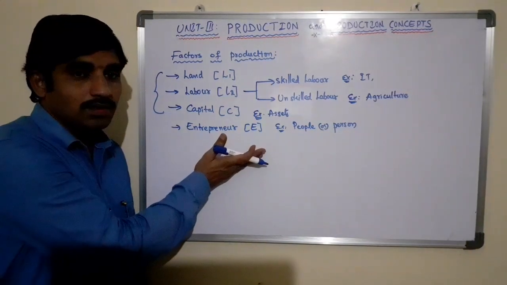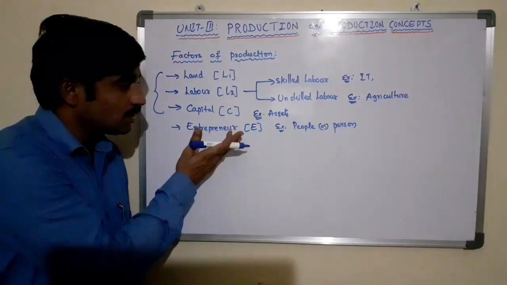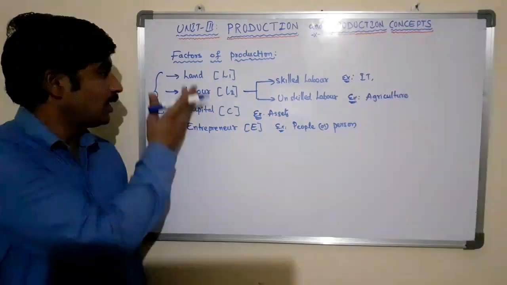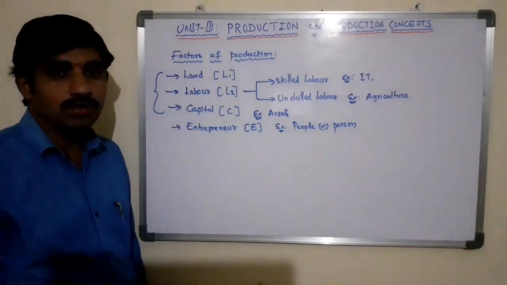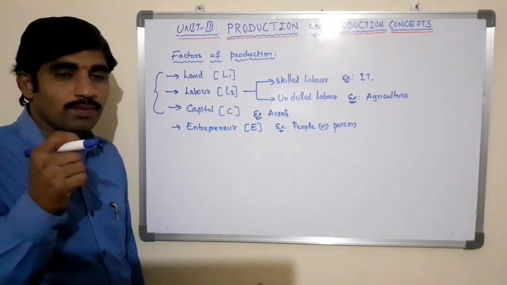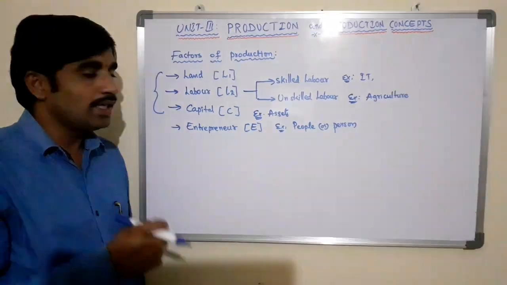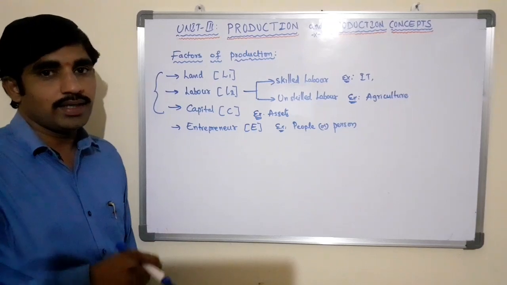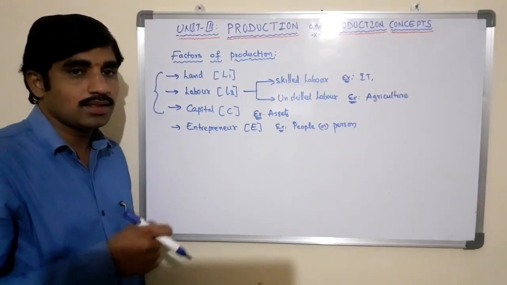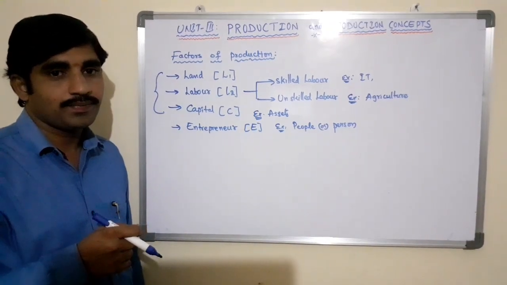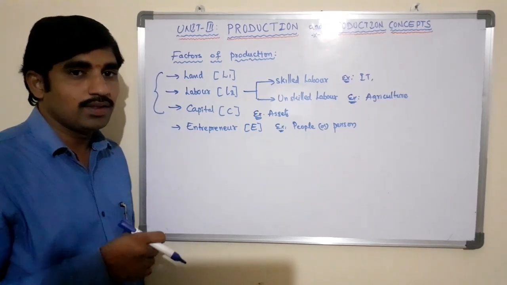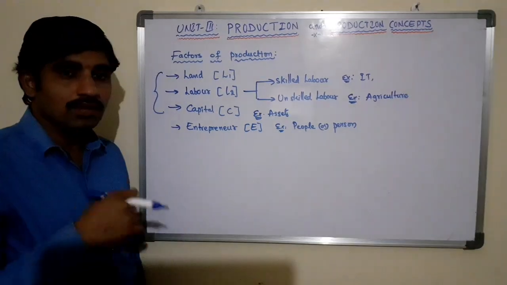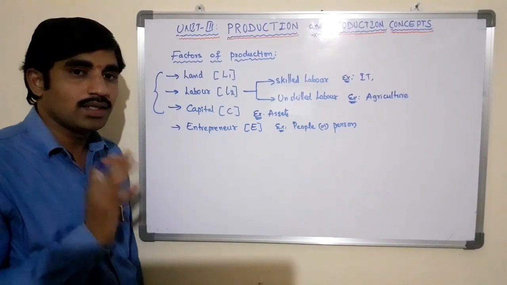Without this entrepreneur, we cannot produce the products in the business. The entrepreneur organizes the other factors and undertakes the risk and uncertainties involved in production. Whatever the risk he faces, whatever the losses he bears, whatever the benefit he enjoys.